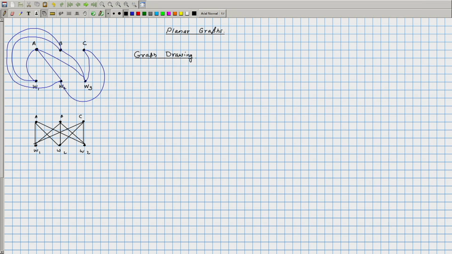When we say a graph drawing, we mean we have to position the vertices in the plane, and if A, B is an edge, then connect them by a simple curve.